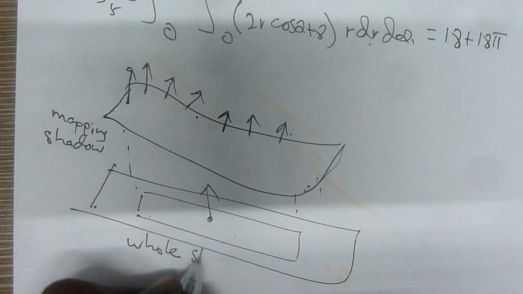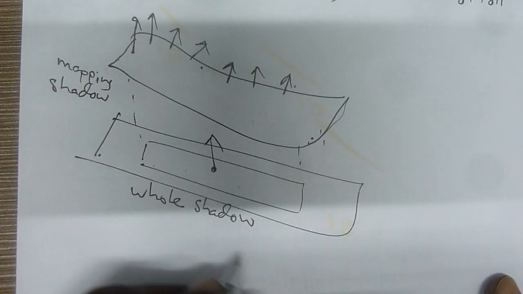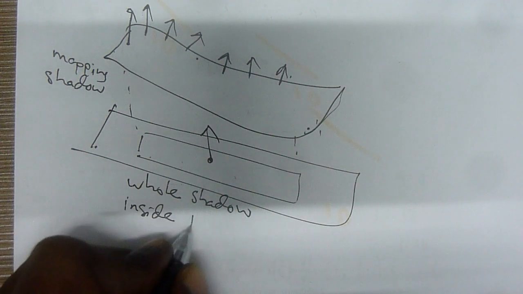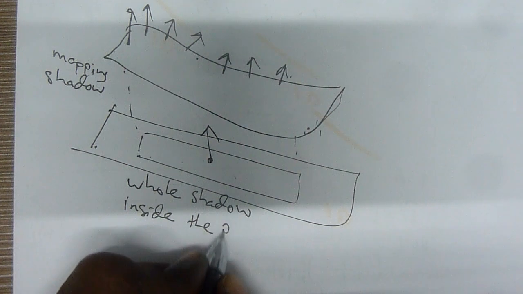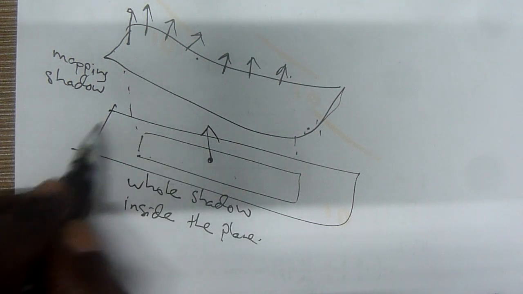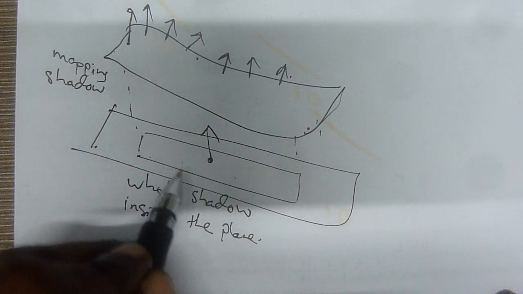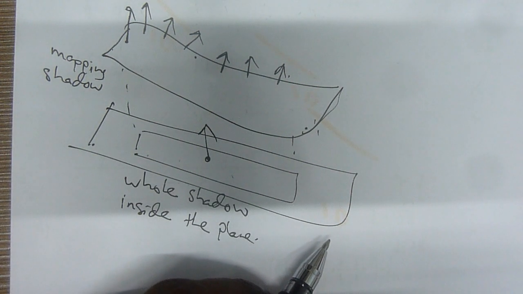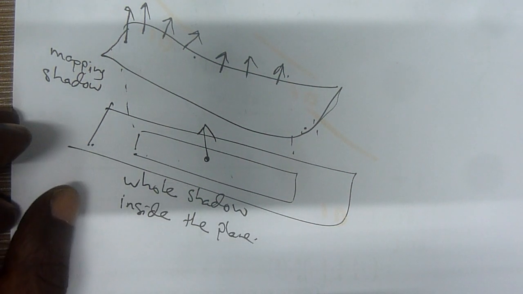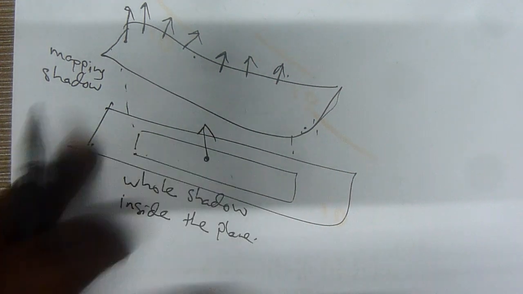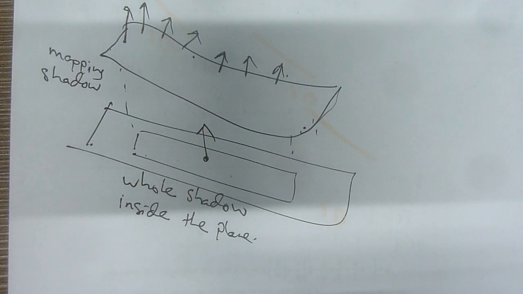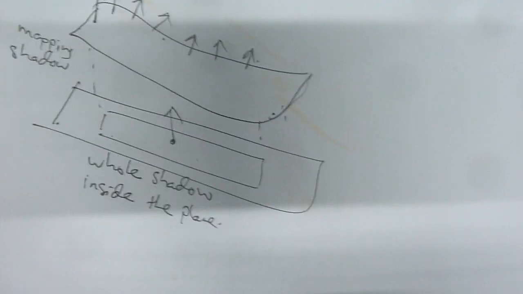What I'm trying to say is the whole shadow is inside the plane. If the shadow is outside of the plane, you cannot calculate that using shadow. That is very important. If something is outside of the shadow, you cannot calculate, because certain things are missing. The information is not complete, therefore you cannot use it.